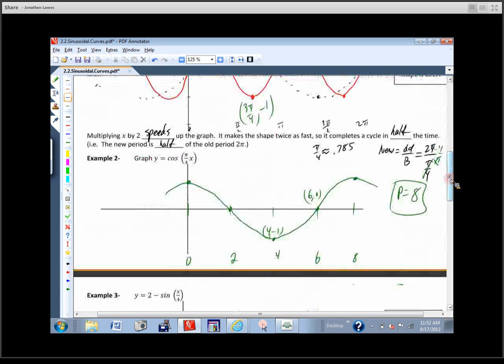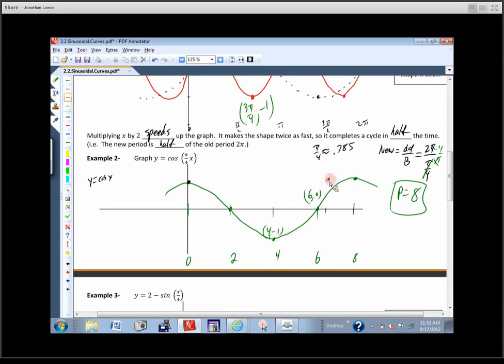Okay, last thing on this page, and then we'll flip it over. Let's say we graphed the original one, the parent graph for cosine x. So y equals cosine x. That would start at 0, 1, and it would finish in 2 pi, or on our graph, not a very convenient point, about 6.28. So about right there.